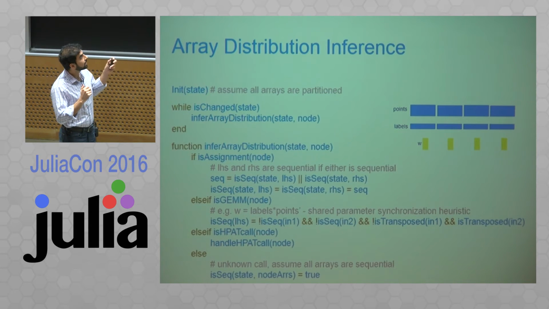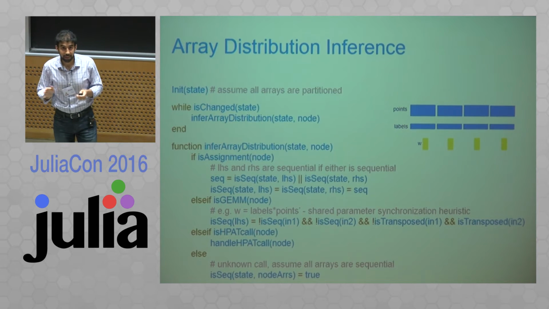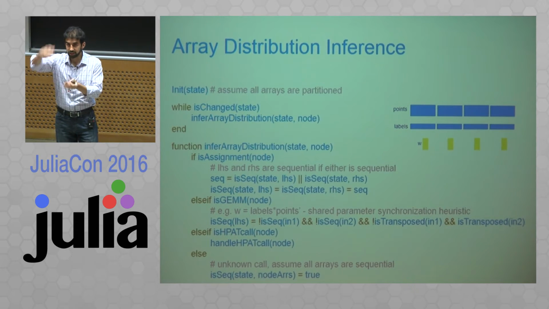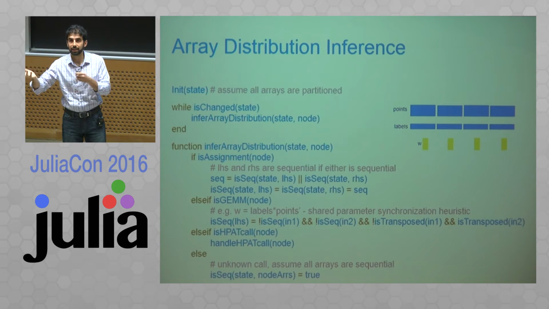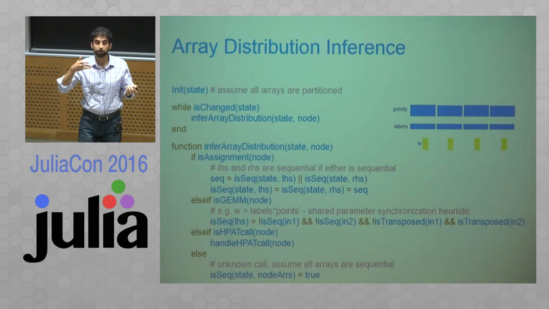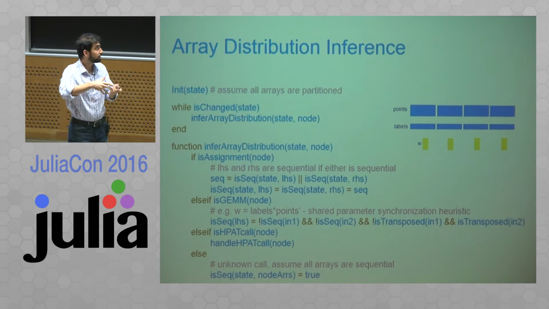At first, in this algorithm, we assume all arrays are partitioned. Then we run some iterative algorithm until it converges. In each step, it can assign some other arrays as sequential too. So it walks the AST in each iteration and runs some rules depending on what it sees.